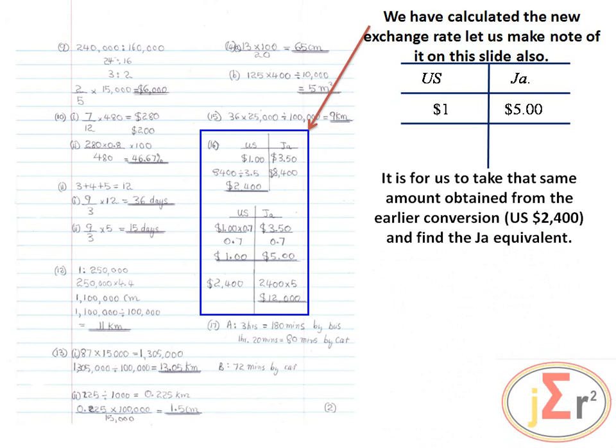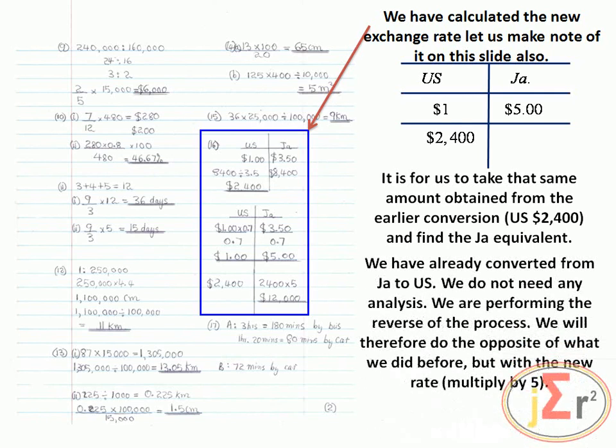What we did was convert a given amount of Jamaican to its US counterpart, and it turned out to be $2,400. Now what we will do is, after the devaluation of the Jamaican dollar, convert that same amount of US that we got before to Jamaican currency and see what happens.